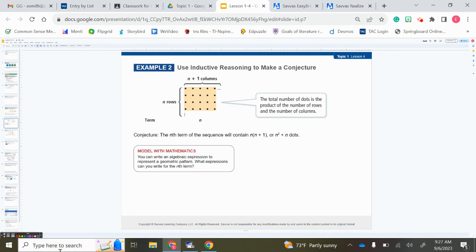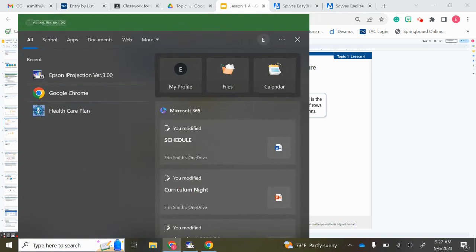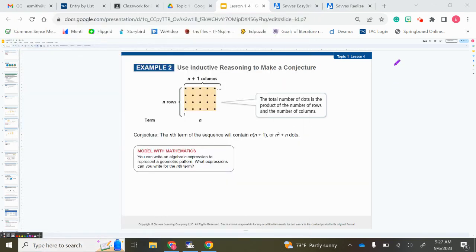And when we set this up, we're going to have n times n plus 1, and then we distribute, which gives us n squared plus n. And this right here will be the conjecture for the number of dots. Does that make sense?